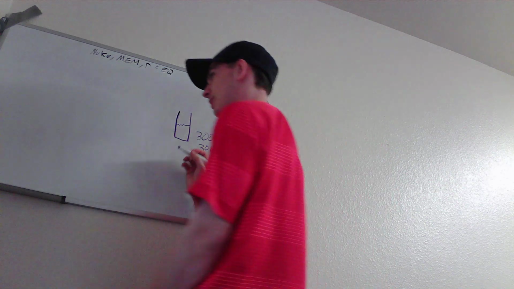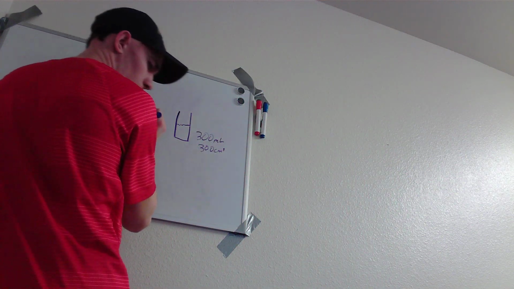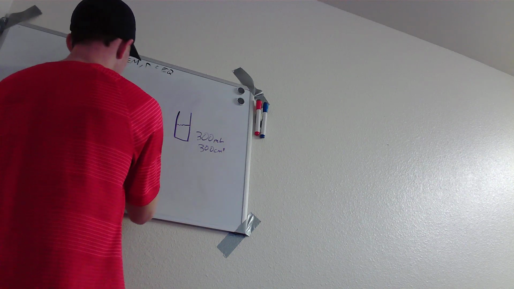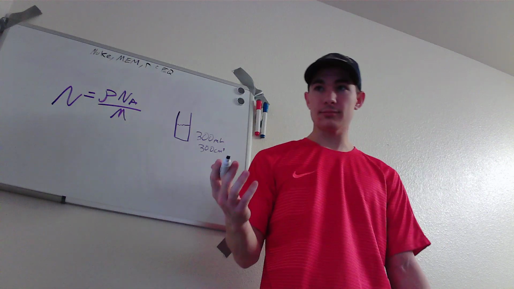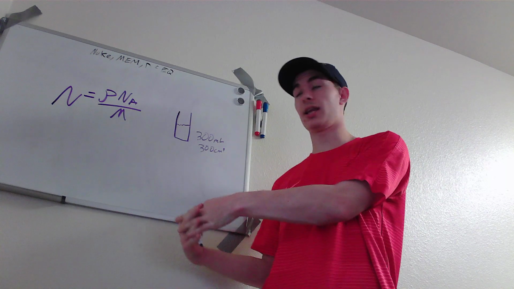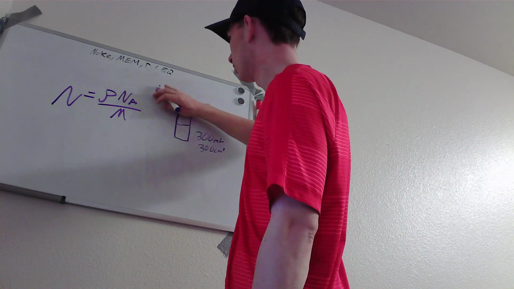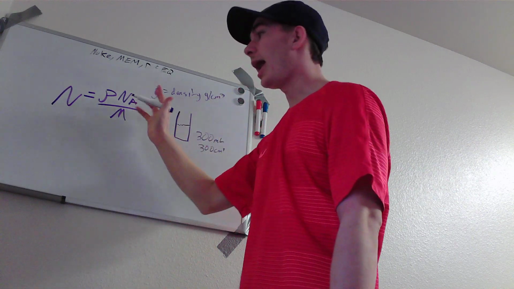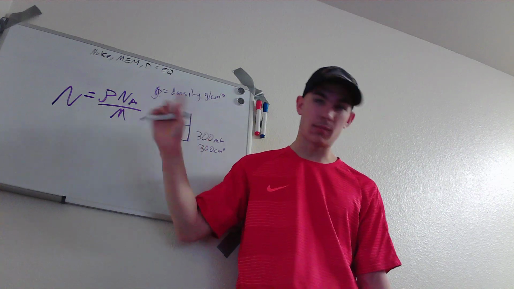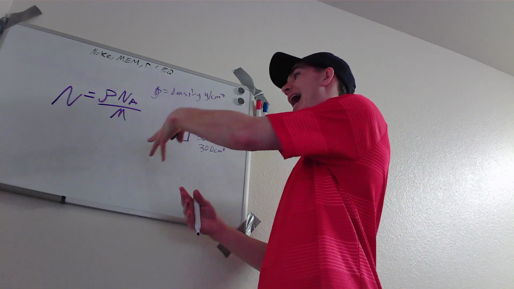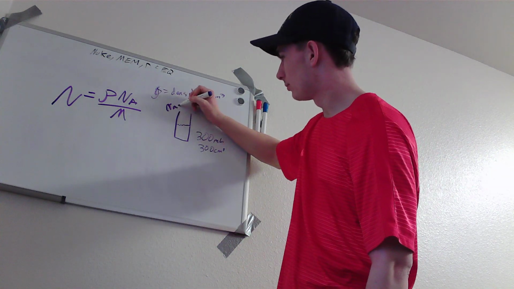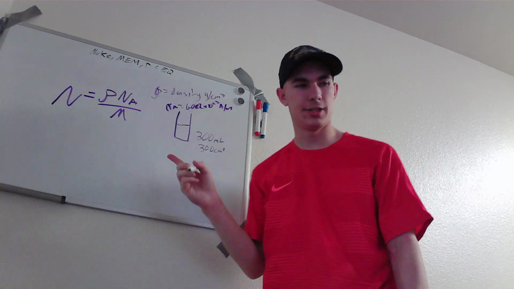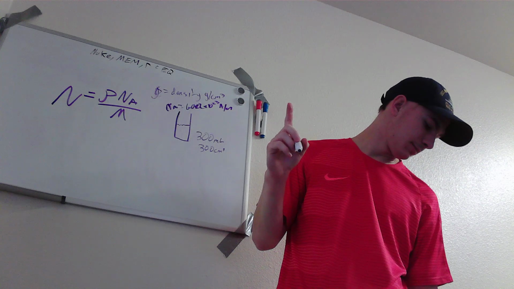What you're going to do is use this very simple equation: N equals rho N_A over M, where rho is the density in grams per cubic centimeter, N_A is Avogadro's number, so this is 6.022 times 10 to the 23rd atoms per mole, and M is your atomic weight.